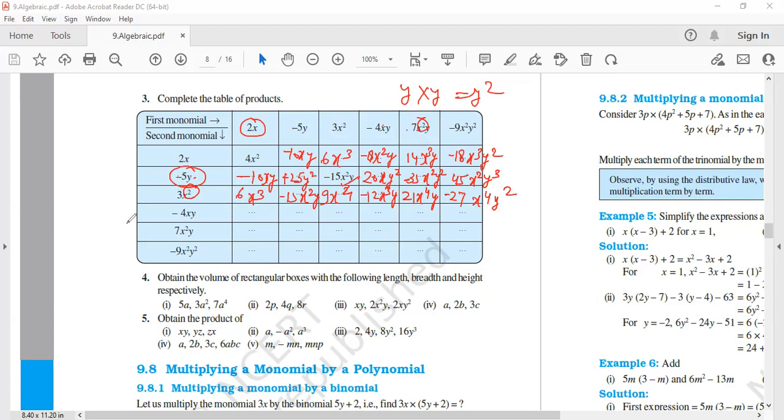So 9 threes are 27 x power 4 y power 2. And simply you will complete this table with your own. Do DIY, means do it yourself. The same process you will follow, and you will get the answers of these.